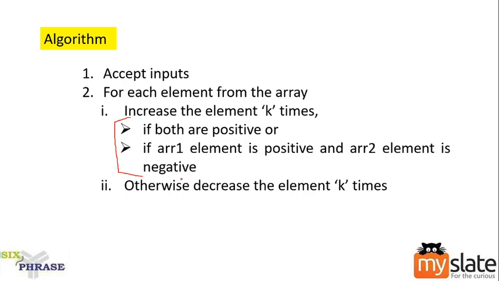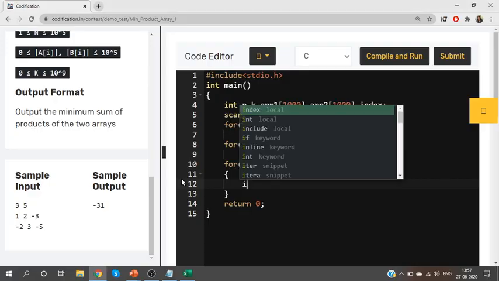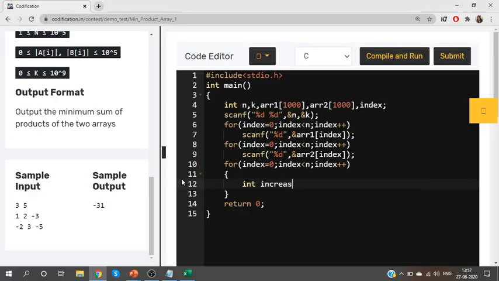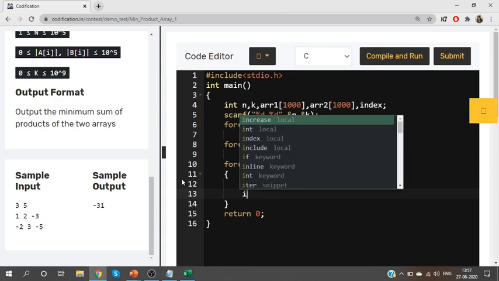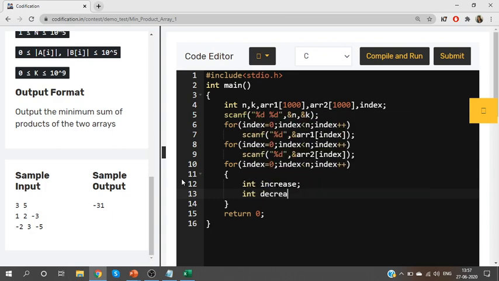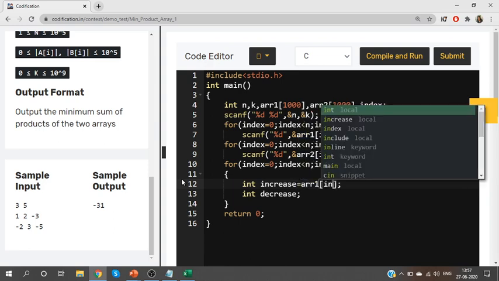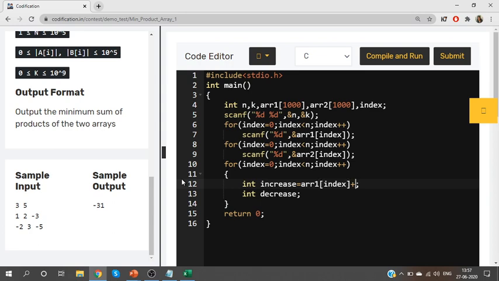You can create conditions for the four scenarios, or instead of checking conditions for the four scenarios, better calculate both the values. Calculate what happens when you increase the value. Calculate what happens when you decrease the value. When I increase the value, array 1 of index is increased by 2.